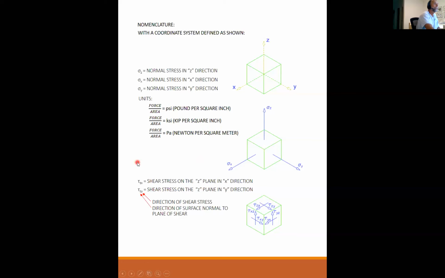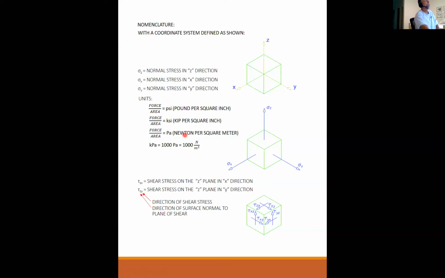Or in the SI system, you can have newtons per square meter, which is a Pascal, or capital PA for pascals. Particularly in the SI system, you don't want to write out how many pascals things are because the numbers get really, really big. A newton is not a whole lot.